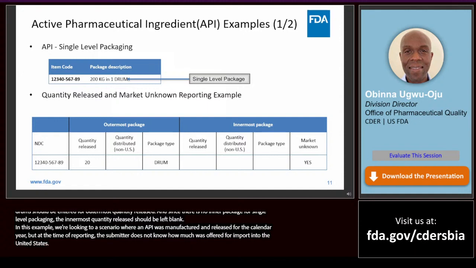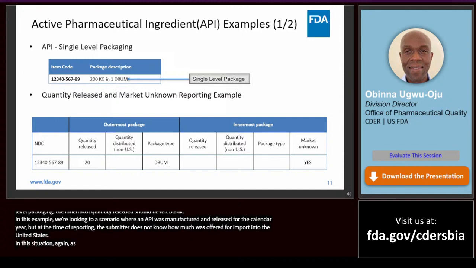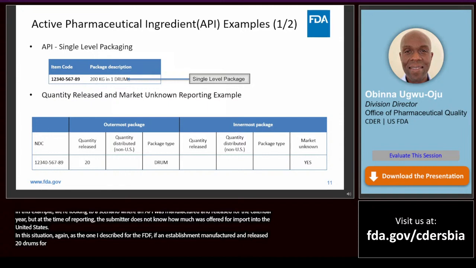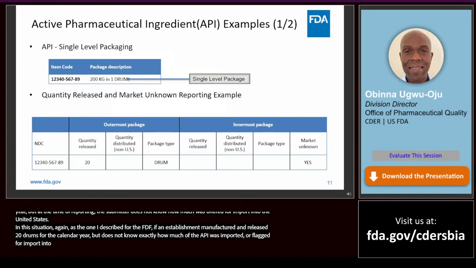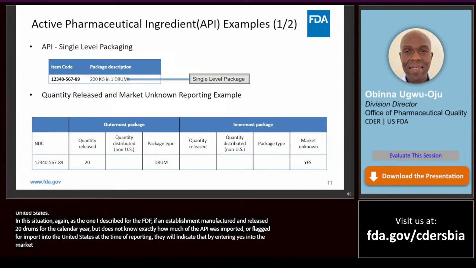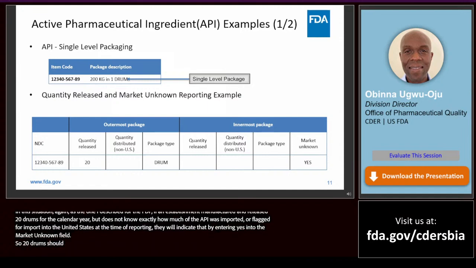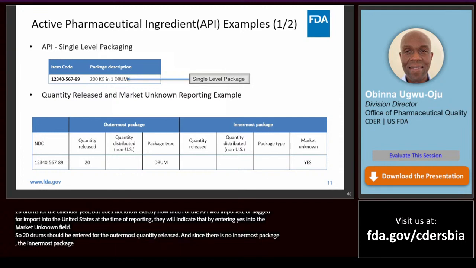In this situation, again as I described for the FDF, if an establishment manufactured and released 20 drums for the calendar year, but does not know exactly how much of the API was imported or offered for import into the United States at the time of reporting, then they will indicate that by entering yes into the market unknown field. So 20 drums should be entered for the outermost quantity released. And since there is no innermost package, the innermost package quantity should be left blank.